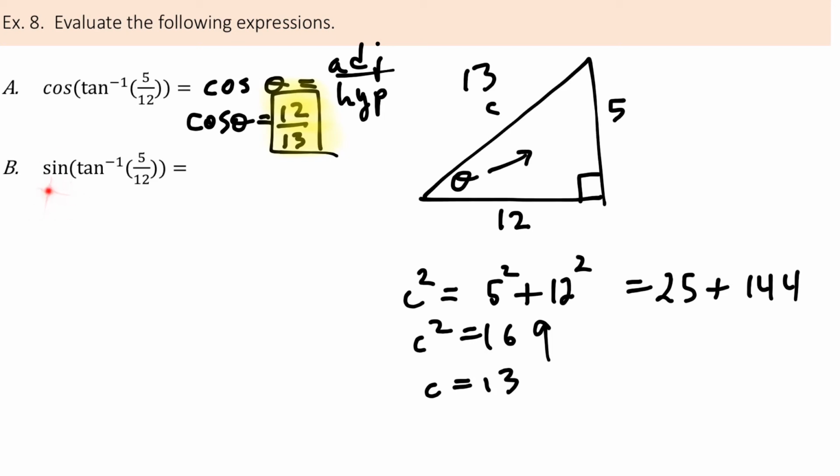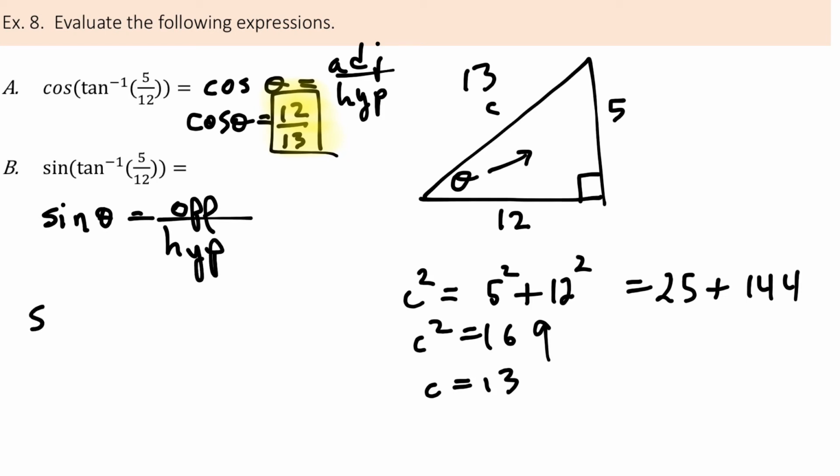So part B says we want the sine of the angle whose tangent is 5/12. So we're talking about the same angle input here, the angle whose tangent is 5/12. So that's this angle right here, whatever it is. All right, so the sine of that angle is going to equal your opposite over your hypotenuse.